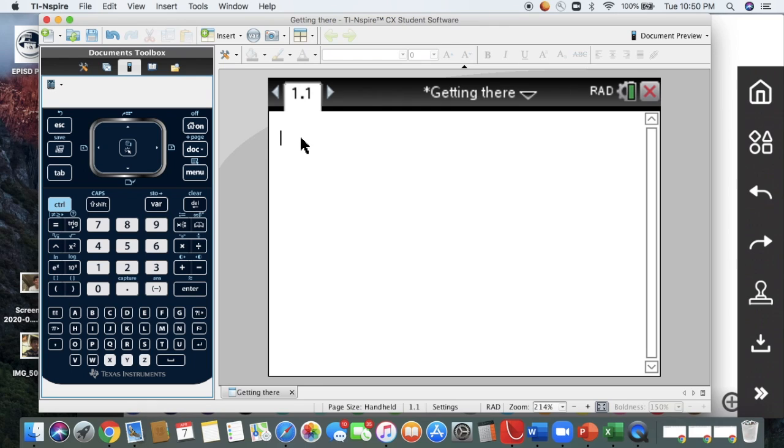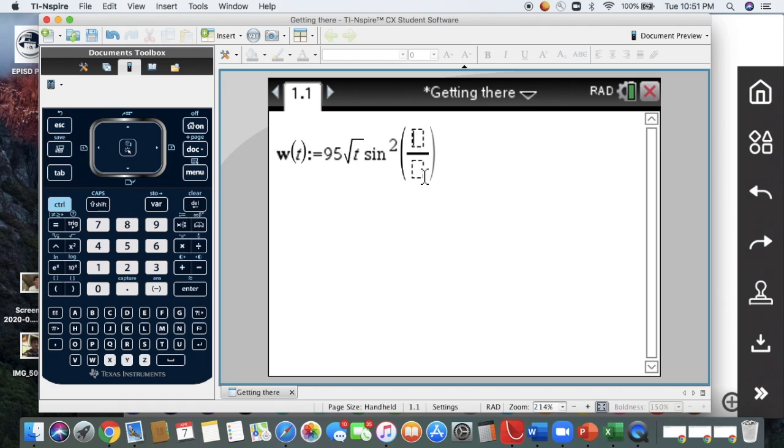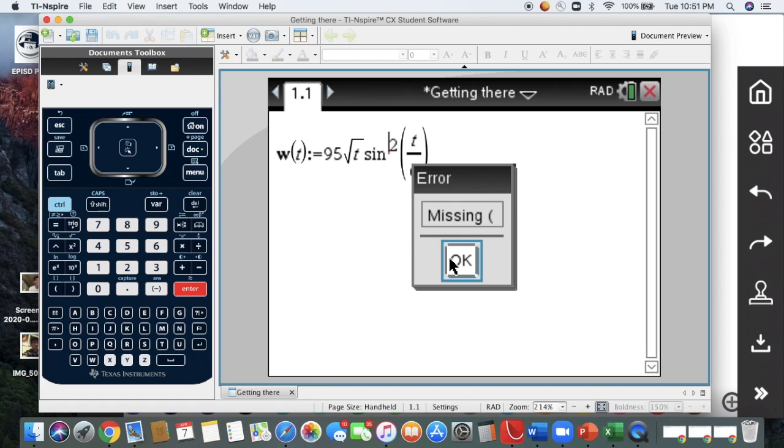So as opposed to saying W of t equals 95 root t sine squared t over 6, you're actually going to rewrite it because it won't understand what this means.